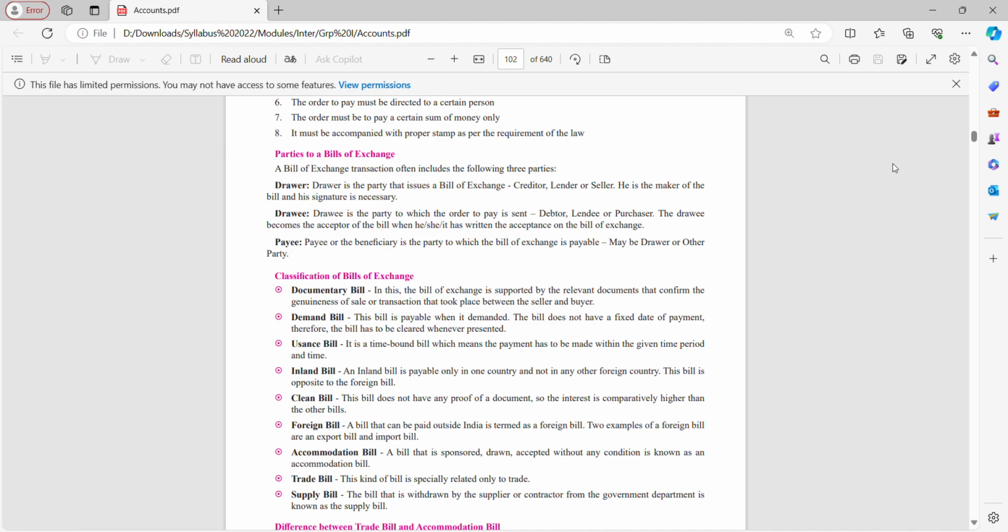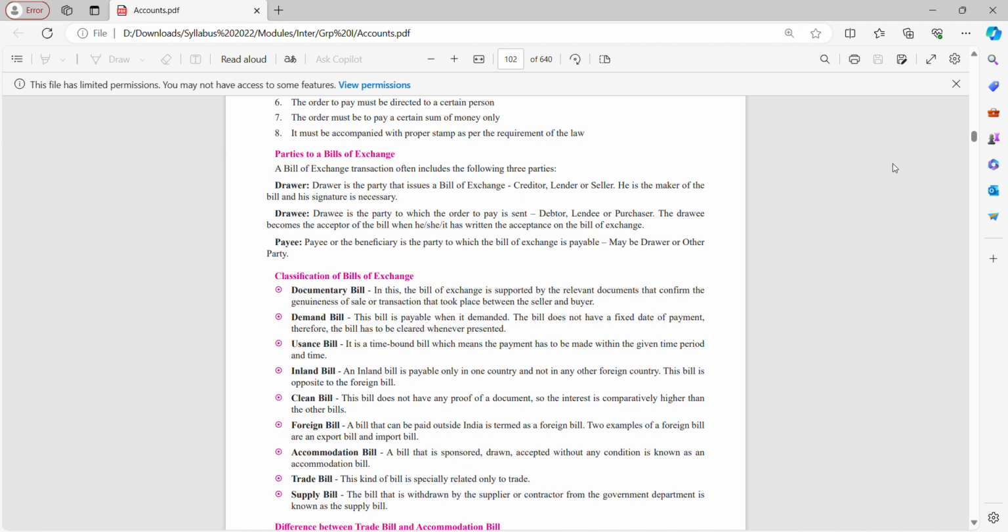Now suppose the shopkeeper and I are both in the picture. The shopkeeper told me, please don't pay the amount to me, but instead pay it to shop A. So shop A is the payee, the beneficiary. We are required to pay that amount to him. So these are the parties to bills of exchange.